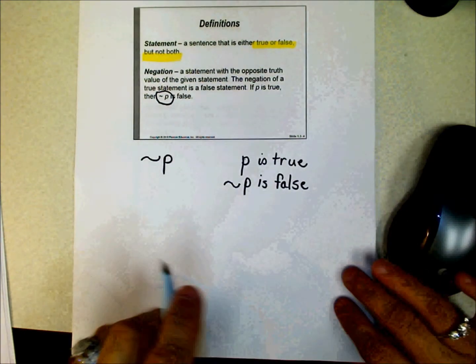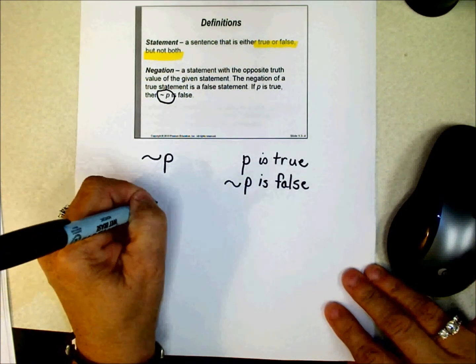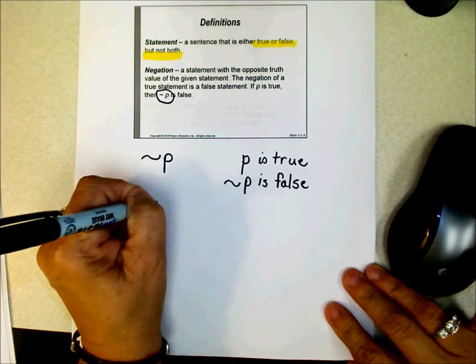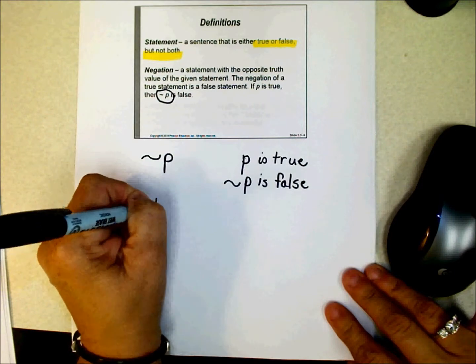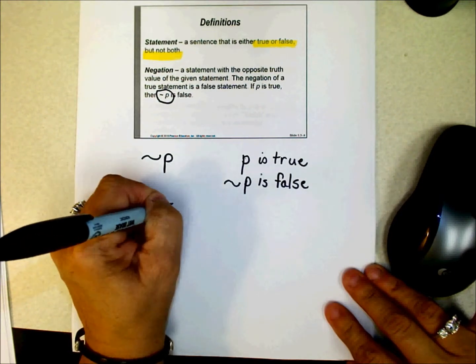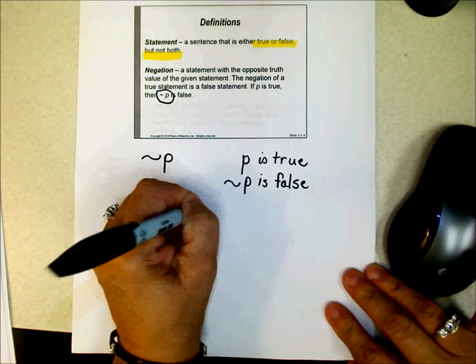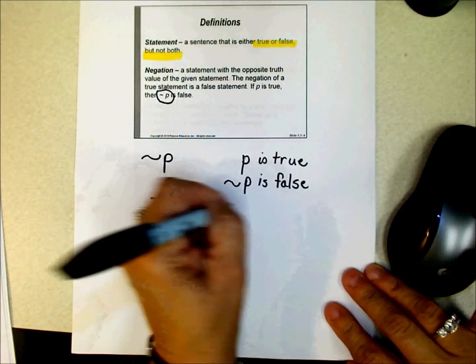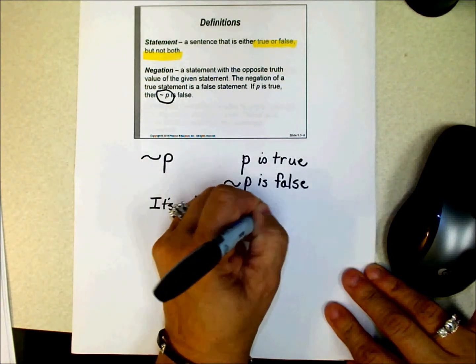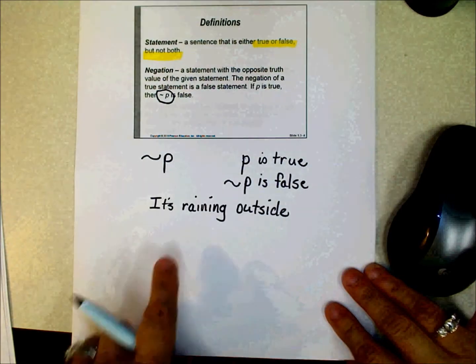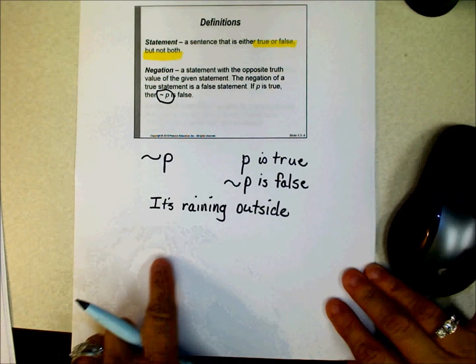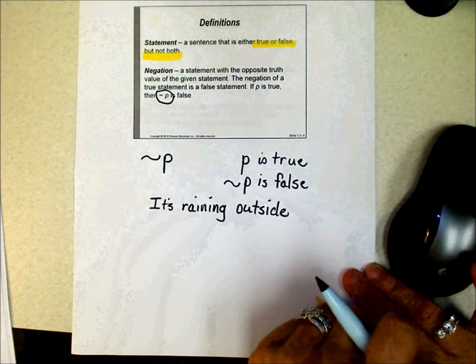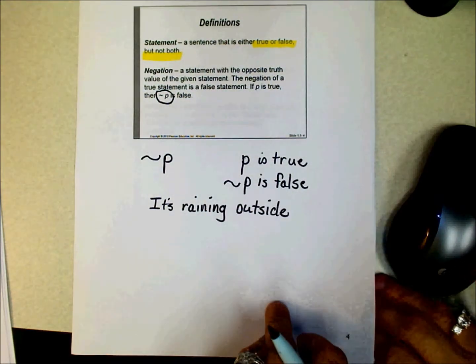So if I tell you that it's true that it's raining outside, and that's a true statement, then to say that it's not raining outside would be false. And that just kind of makes sense.